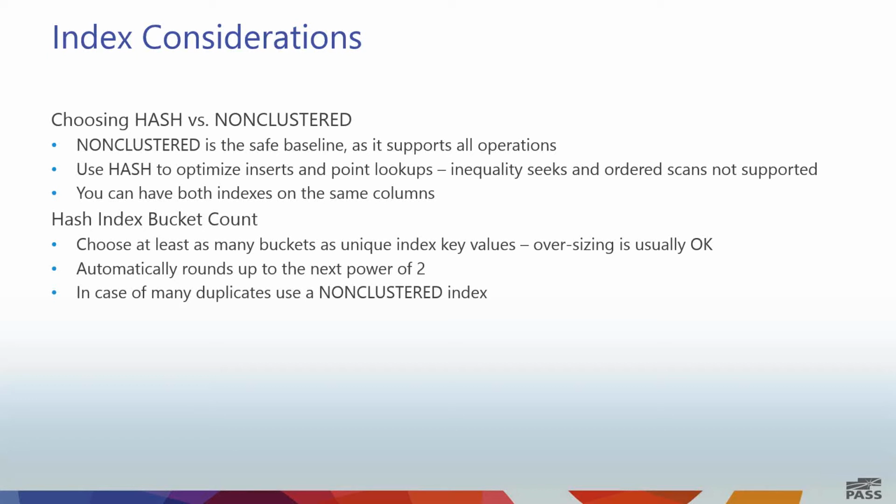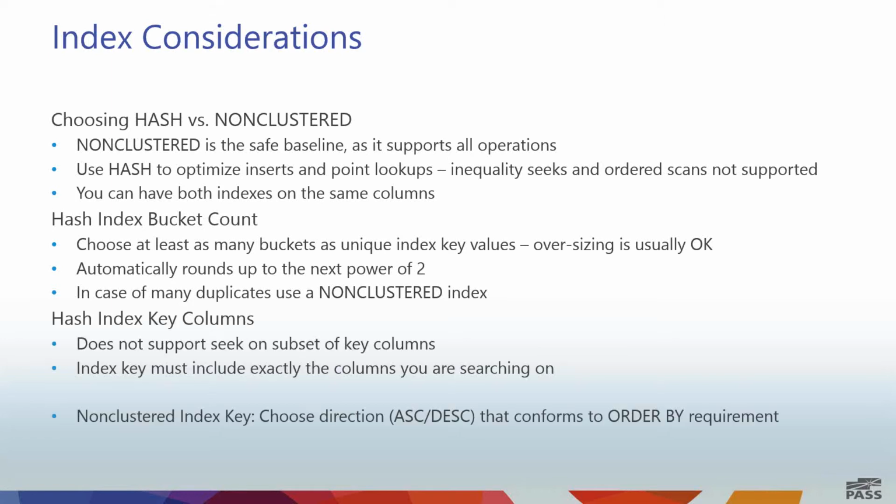So the bucket count automatically rounds up to the next power of 2, and as a general recommendation, if you have a lot of duplicates in your index, we usually recommend using a non-clustered index because it deals with duplicates a little bit better. And then also always keep in mind the hash index does not support seek on a subset of key columns.